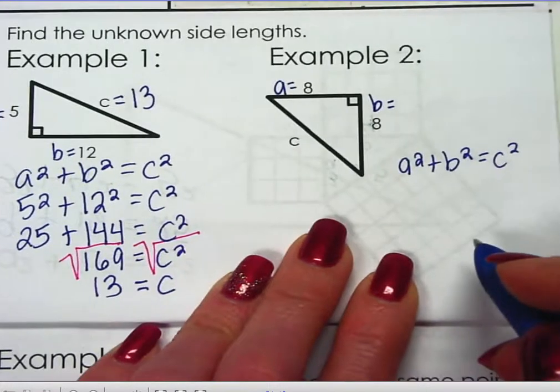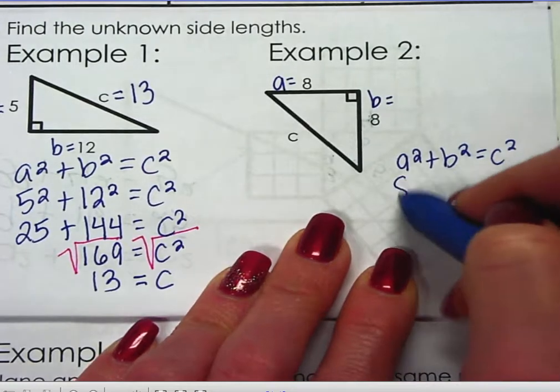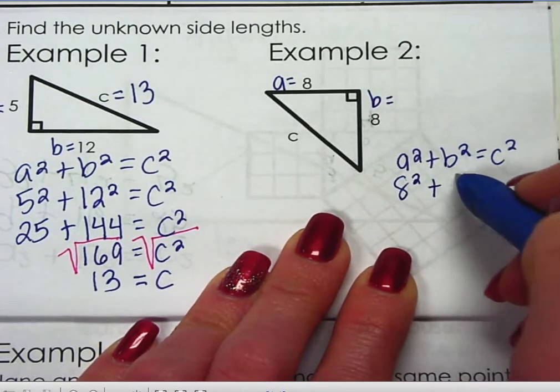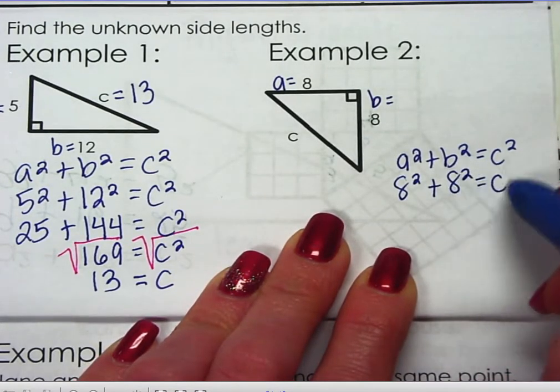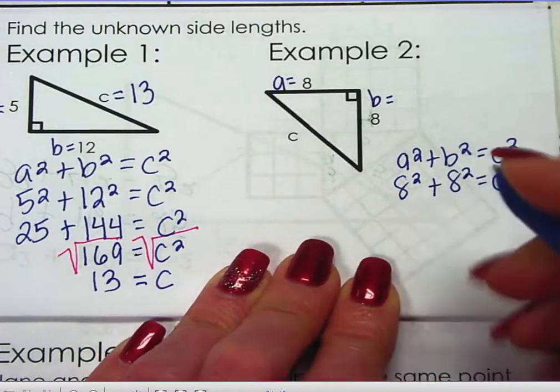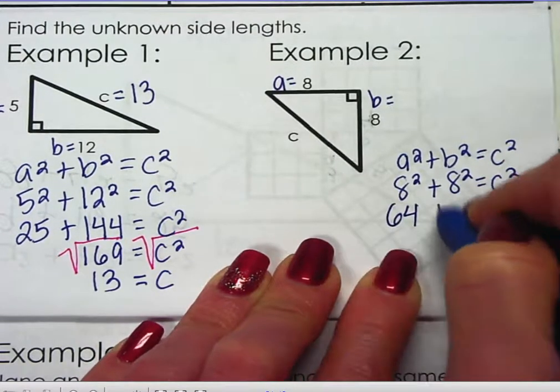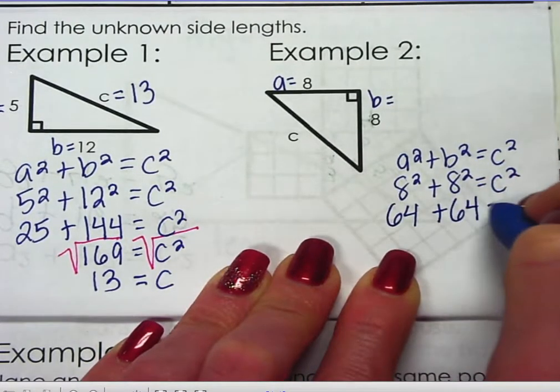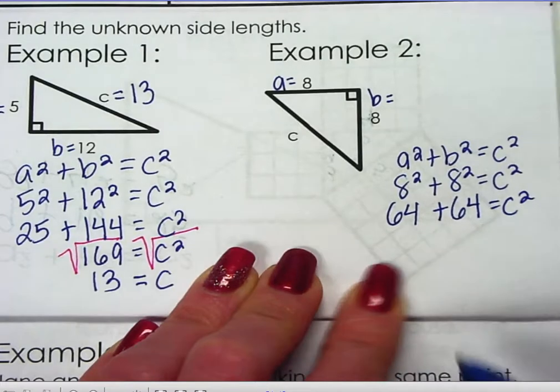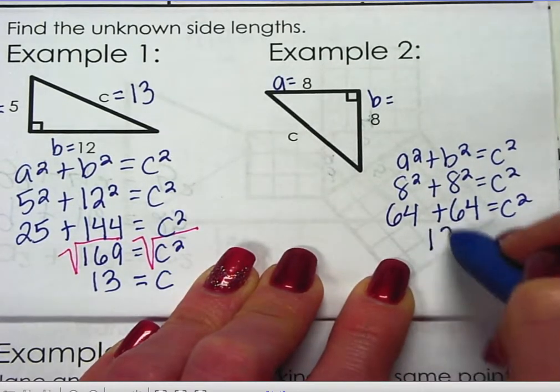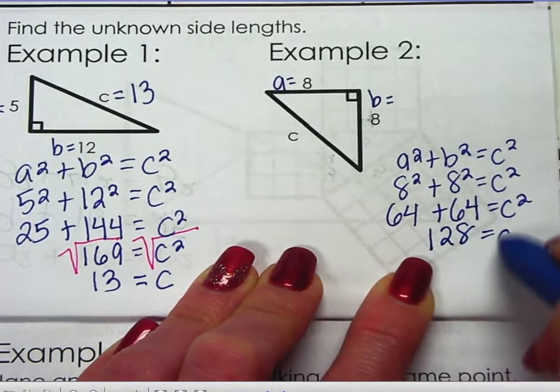So if a is 8, we plug it in here: 8 squared plus 8 squared equals c squared. 8 squared, of course, is 64. 8 squared again is 64, and that is c squared. If we add those together, we get 128 is equal to c squared.